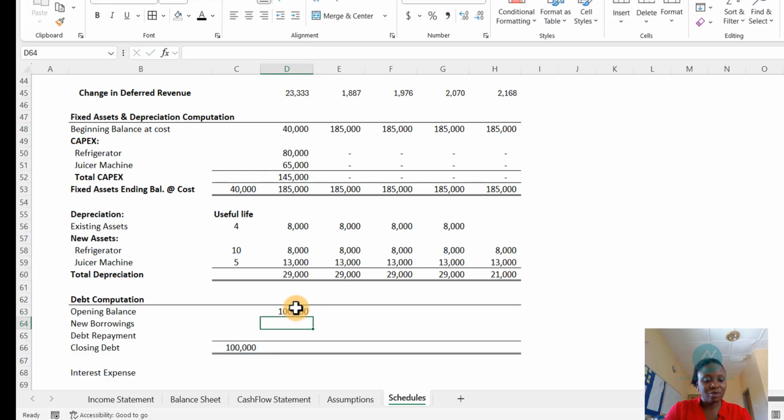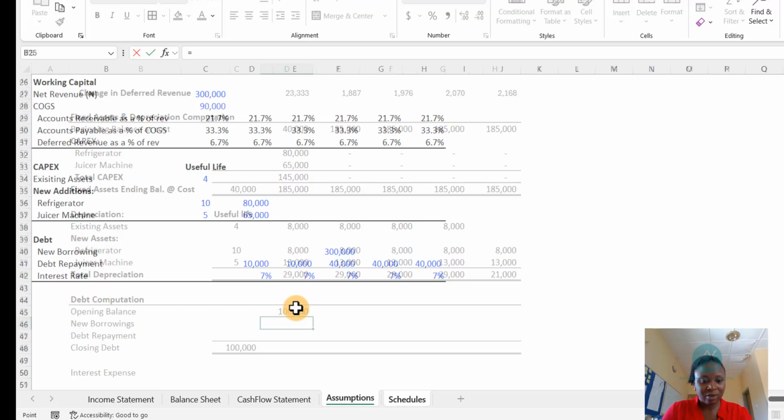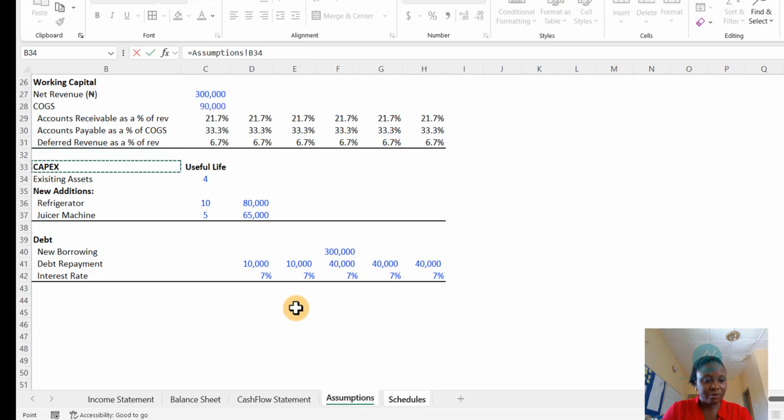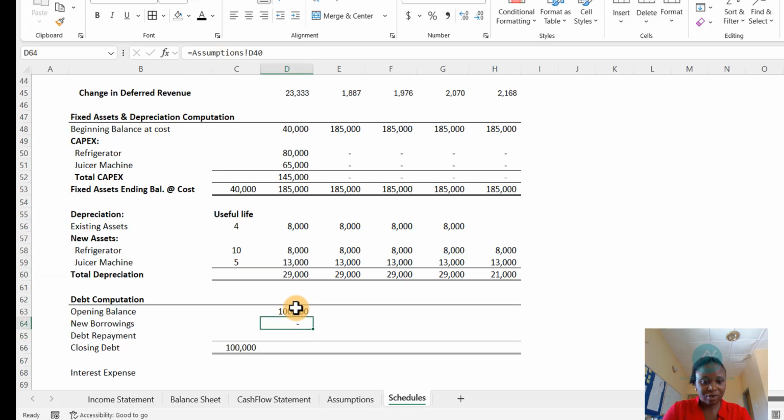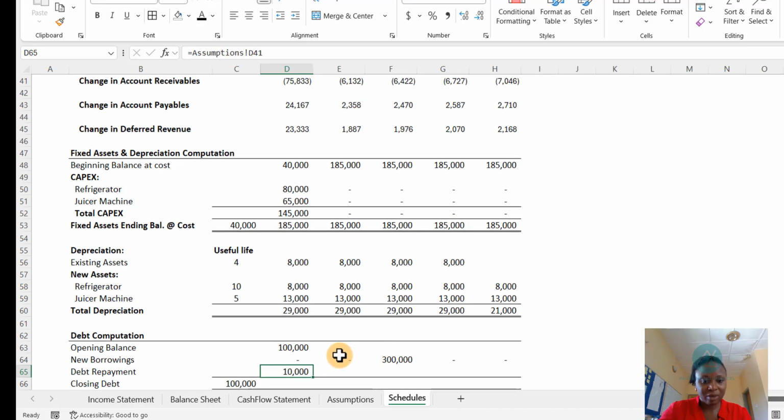So what's the new borrowing? Do we have new borrowing? Let's check. Go back to your assumption. New borrowing for column D. Okay, so we can just copy all through down. Then repayment, I guess we do have repayment, so we can just copy all through down.